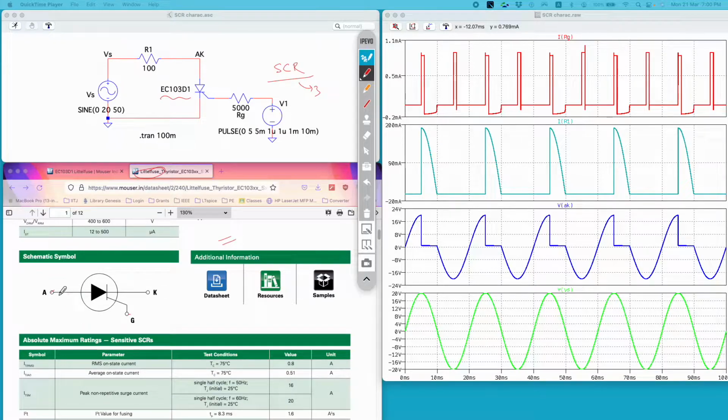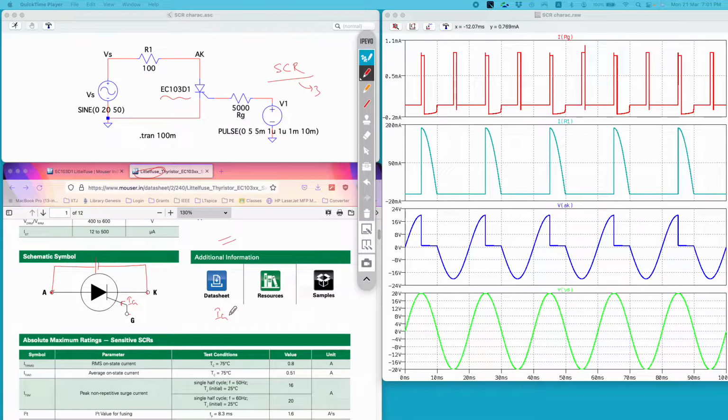To turn on this SCR we need to forward bias it, that is, the anode terminal should be positive with respect to the cathode terminal, and you also need to inject a gate current into the gate terminal. So SCRs are gate current controlled devices, and to inject this current you need some kind of gate driver.